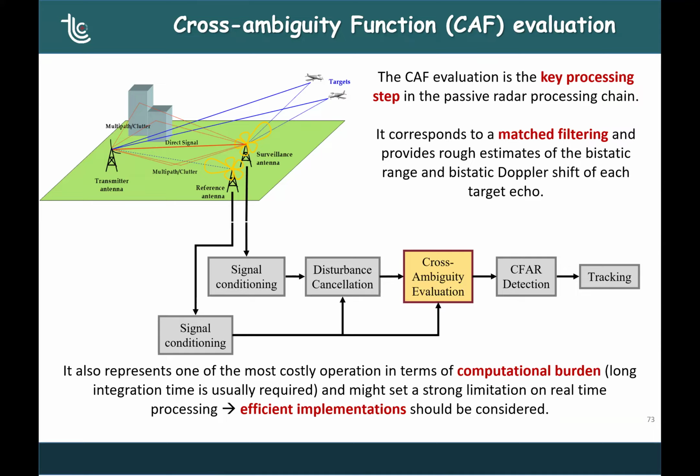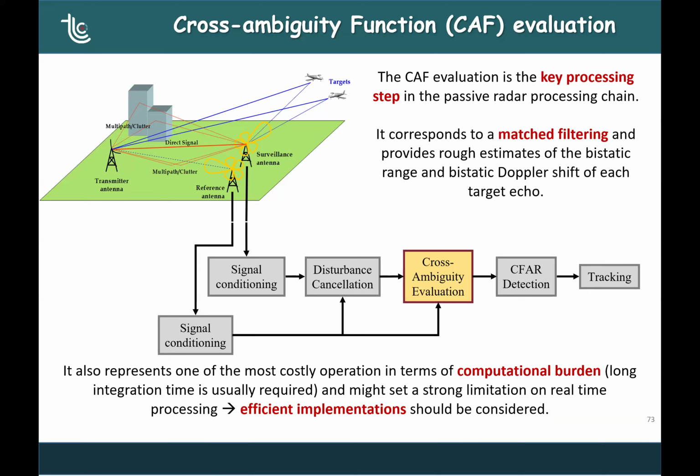This calculation of the ambiguity function corresponds to matched filtering, and we use this calculation to have an estimate of the bistatic range and the bistatic Doppler shift. So this is quite important.